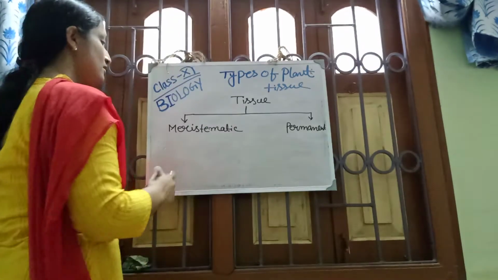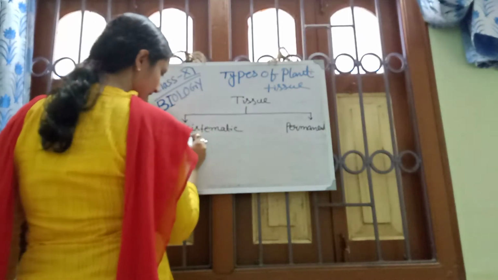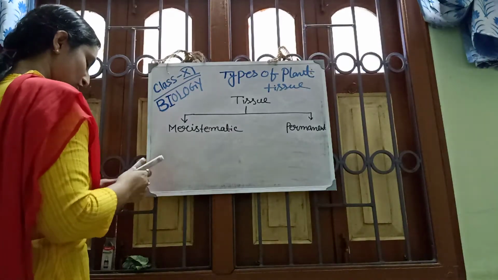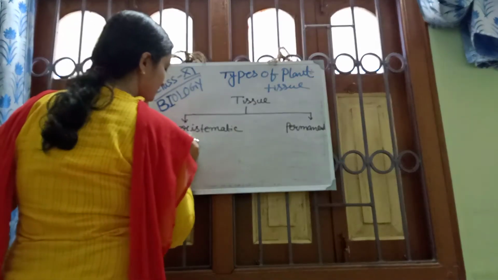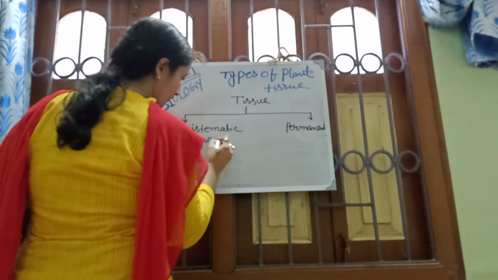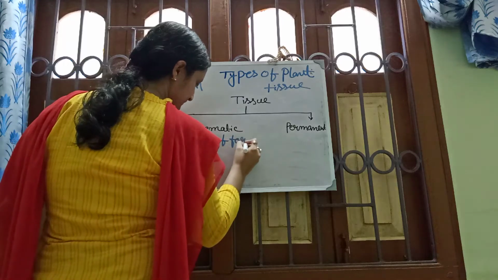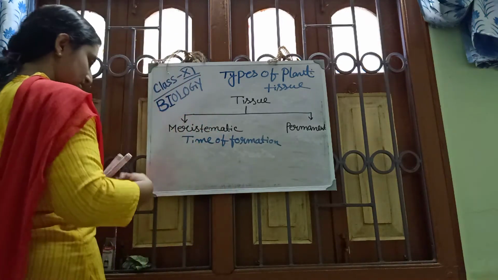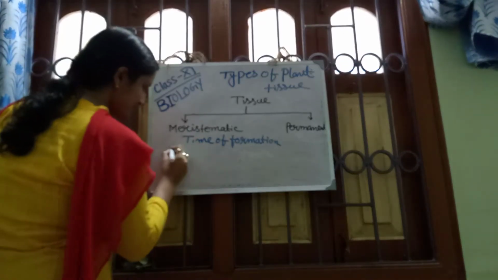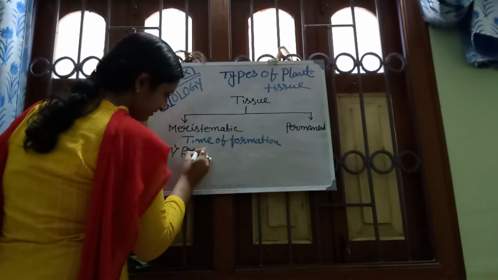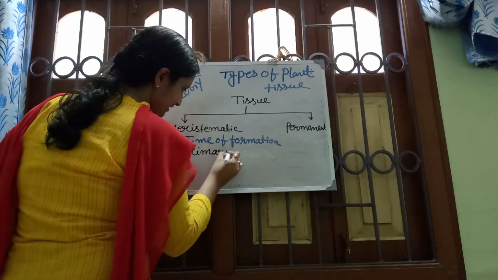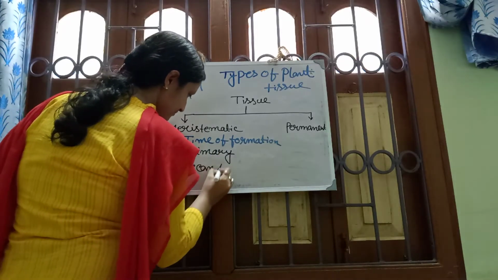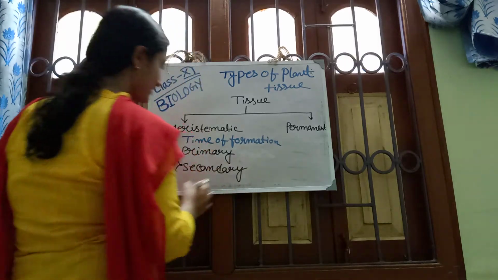Meristematic tissue is divided into two categories. The first category is on the basis of time of formation: the two types of meristematic tissue, primary and secondary.